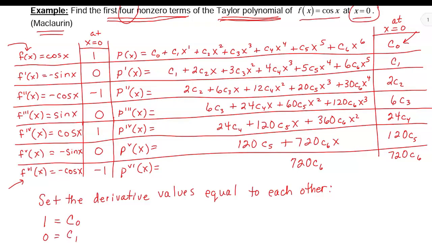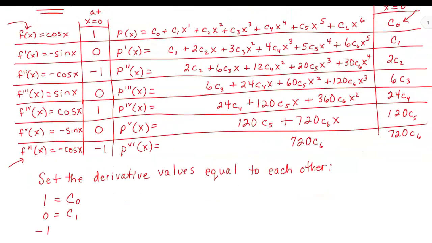Then I'll let negative 1 equal to 2c sub 2. Now that needs to be adjusted. I need to divide both sides by 2, and that tells me that c sub 2 is negative half. Next, we have 0 equals 6c sub 3. Therefore, c sub 3 is 0.